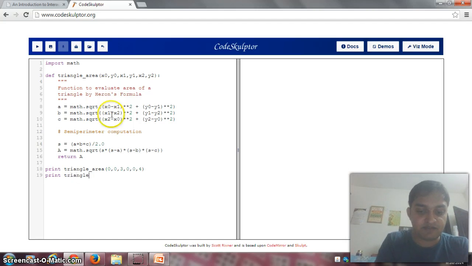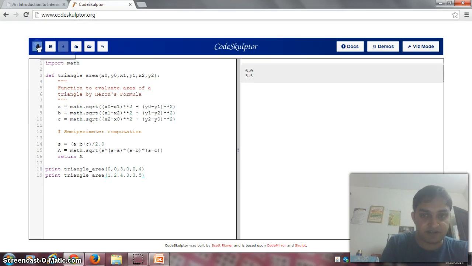Another example. Now let us see whether our function is running correctly. Okay. So now it is computing area in floating point. So let's check our result.